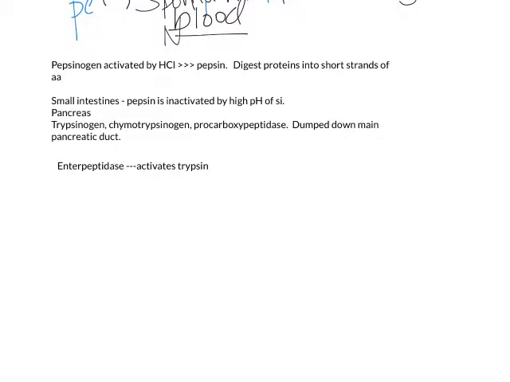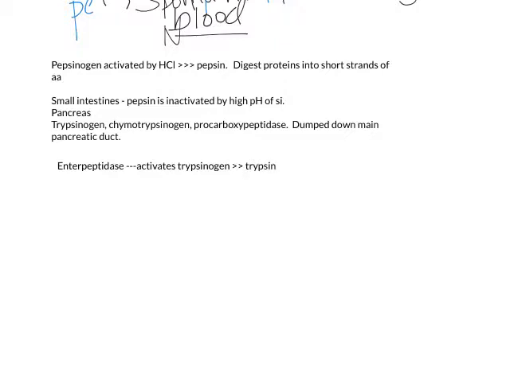Trypsinogen, autocorrect. Okay, and guess what trypsinogen is going to become when it's activated? It's going to become trypsin.